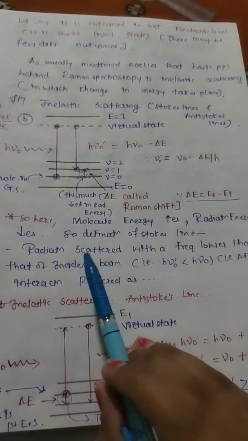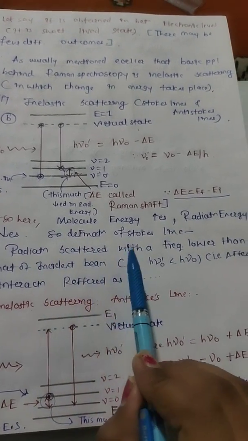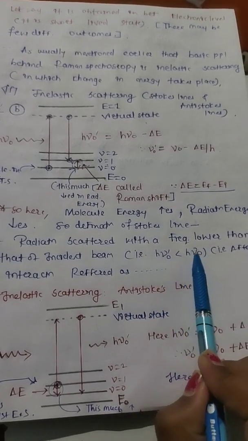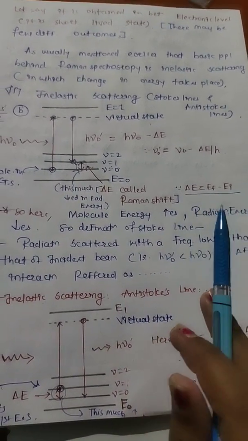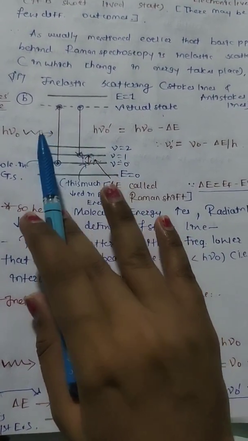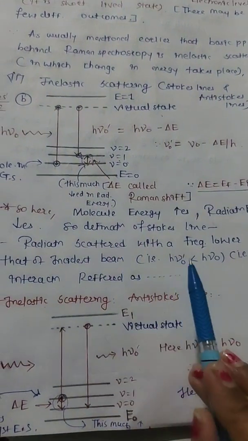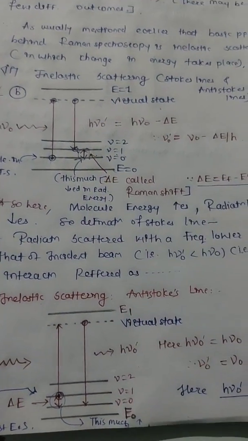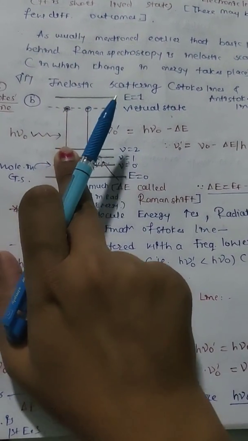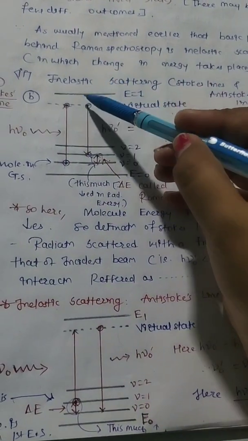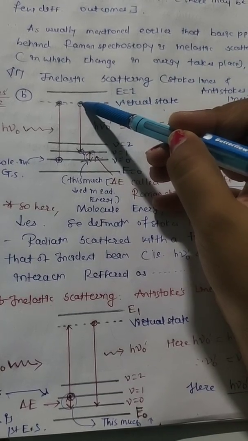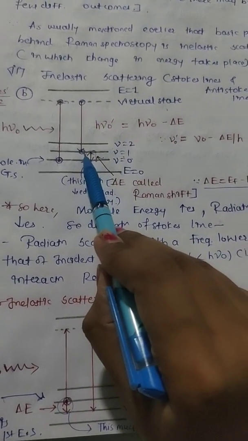So the definition of the Stokes line is radiation scattered with a frequency lower than that of the incident photon, that is, h nu naught prime is less than h nu naught. Don't get confused here; for simplification I am just considering figures like 20. Just remember that when we pass incident photon energy through a molecule, the molecule goes from the ground state to the virtual state, and it again comes back to the first excited level.